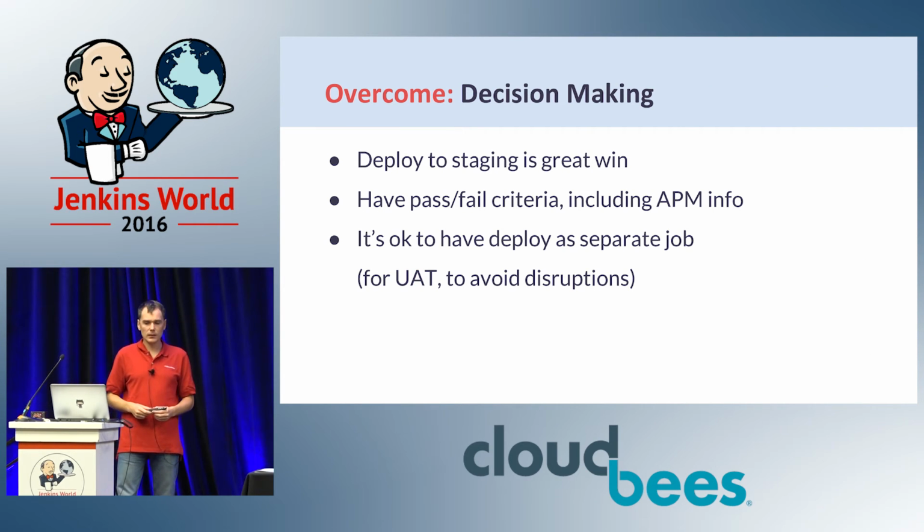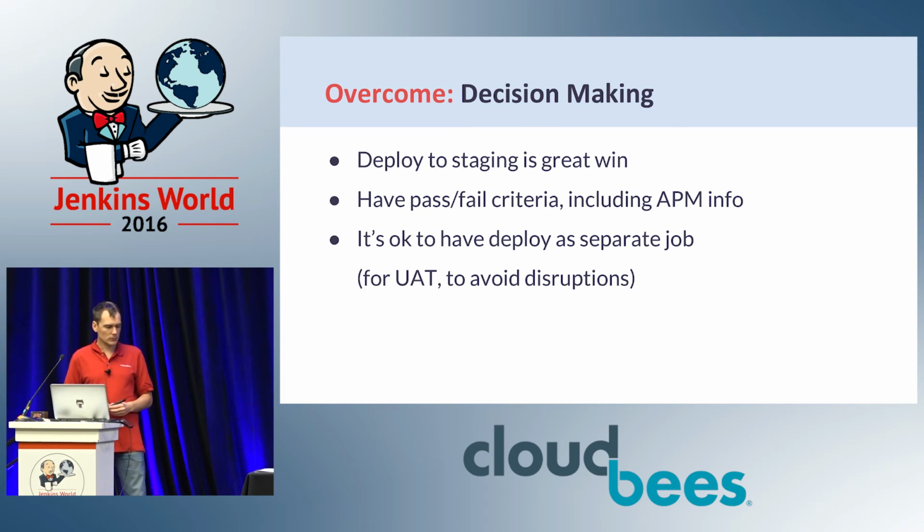Overcoming decision making, this is a specific aspect to address when you go with continuous delivery, continuous deployments, and deploying to QA or to staging is a great, great win. You have already covered the very latest stage before actual production deployment.